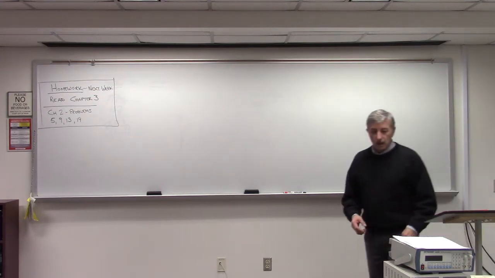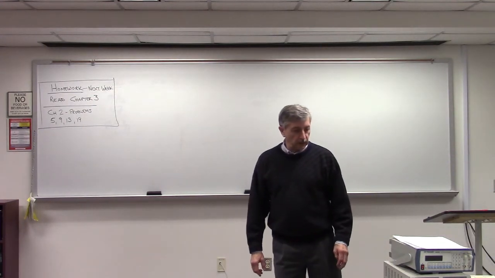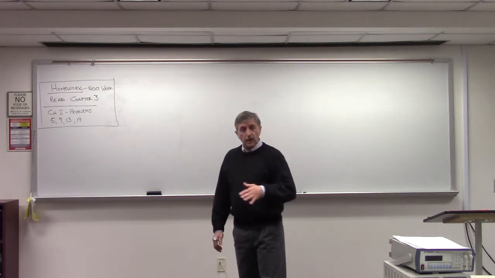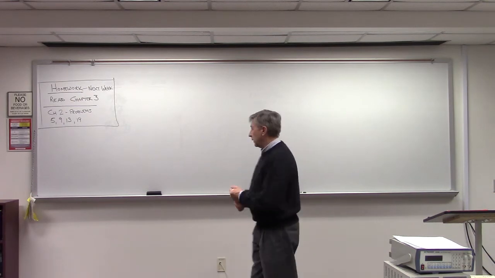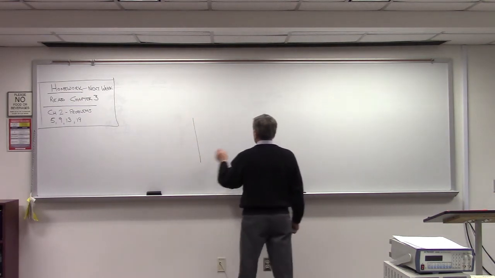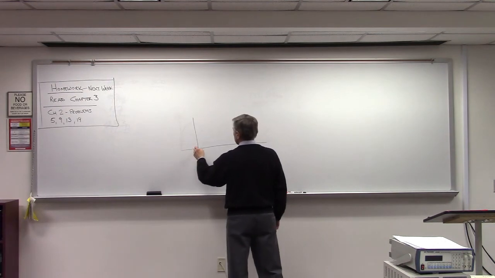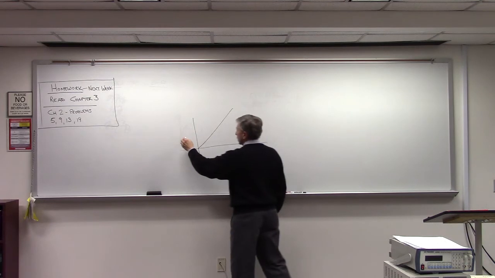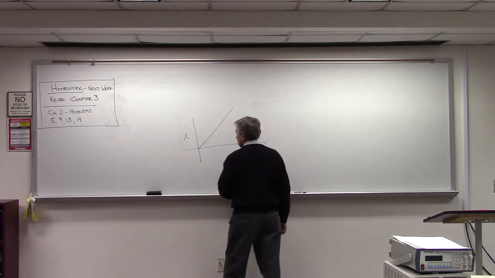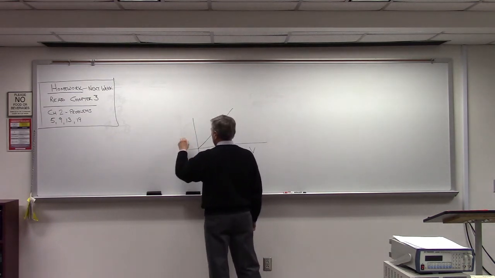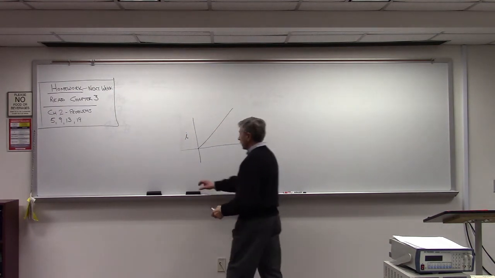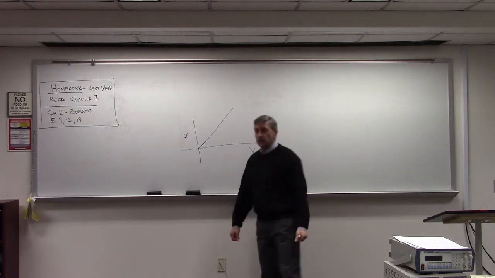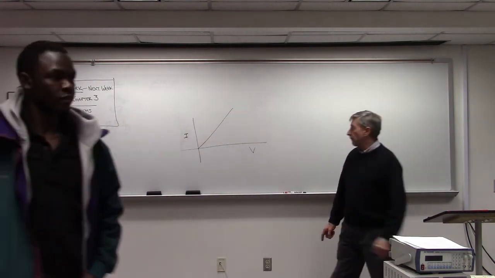And then the other thing is linear versus nonlinear circuits. A lot of the stuff we're going to be talking about, up until we talk about capacitors, is going to be linear. A linear circuit is where the relationship between the variables is a straight line, something like that. So you might have voltage here, current here, capital I, and the relationship is something like that, okay? Straight line.